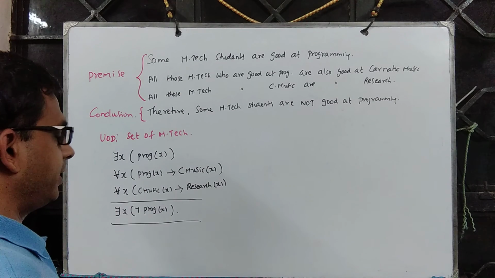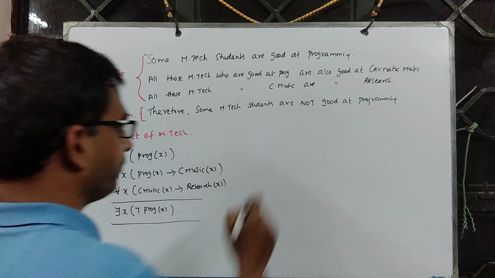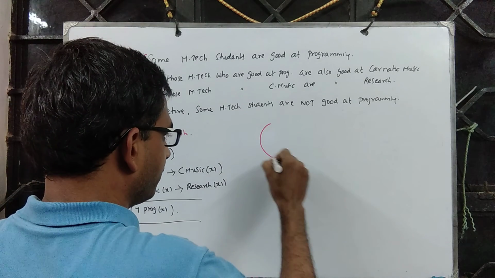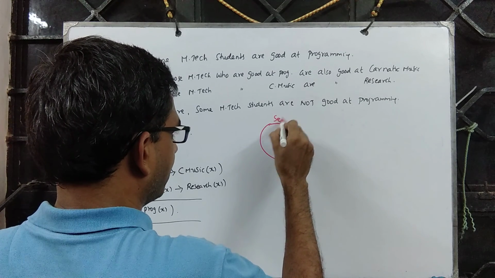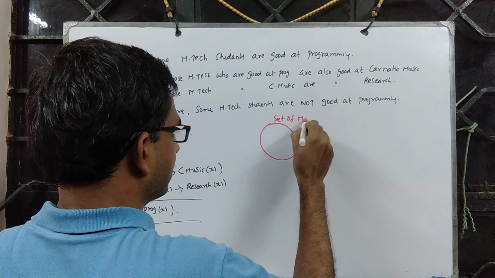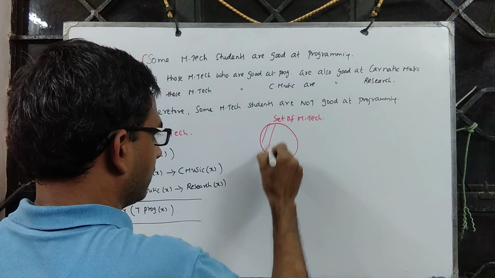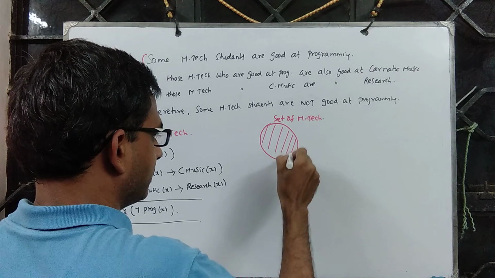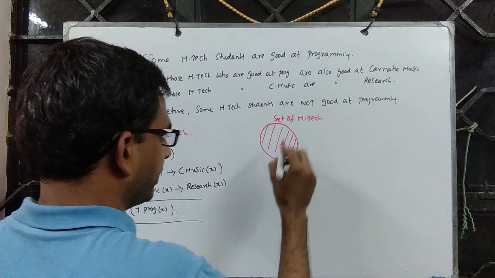So here is a simple counterexample to this claim. Let's assume this represents the set of MTech students, and here is a picture that tells you that all are good at programming.